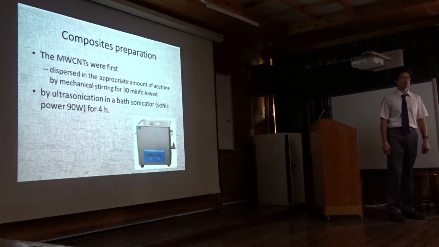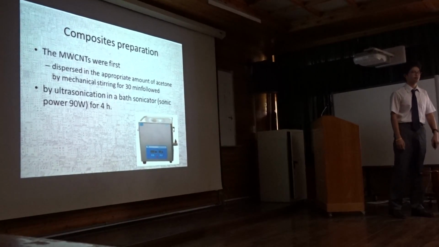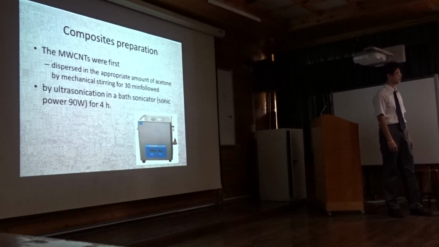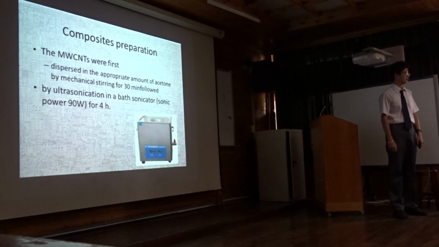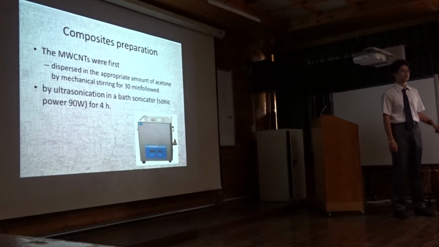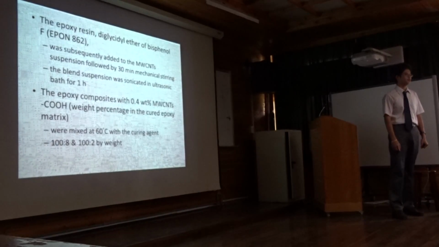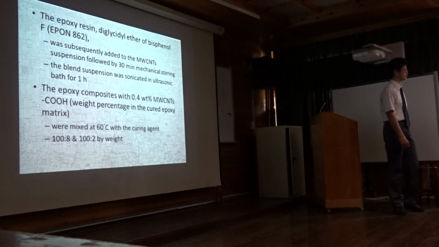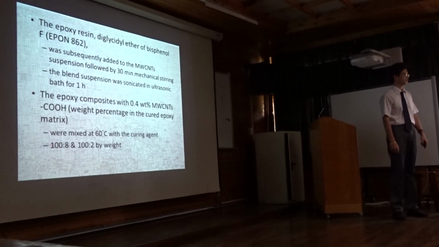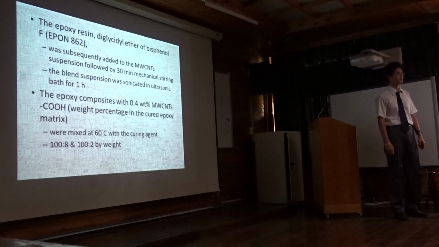The next step is composite preparation. The multi-wall carbon nanotubes were first dispersed in the appropriate amount of acetone by mechanical stirring for 30 minutes followed by ultrasonication in a sonicator for 4 hours. The epoxy resin, diglycidyl ether of bisphenol F, was subsequently added to the multi-wall carbon nanotube suspension, followed by 30 minutes mechanical stirring to ensure good dispersion.